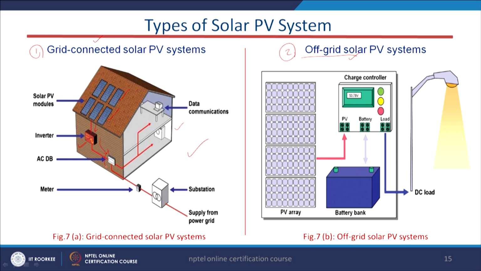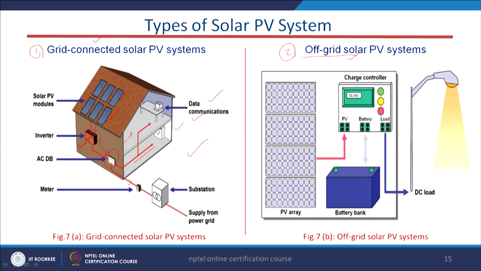This is our board where we get the AC power, and this AC power goes to the respective loads installed inside our home. We can also go for further data communication using monitoring systems or sensors, which sense the AC power and send the information to other devices, or nearby homes, or other places where we require it.